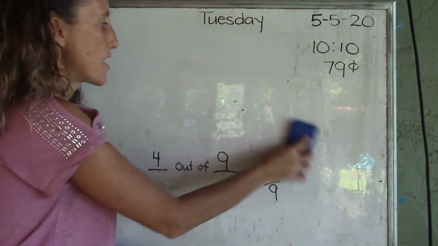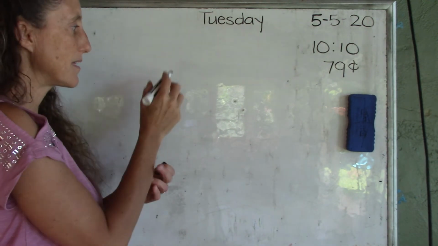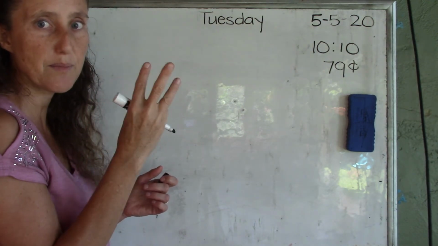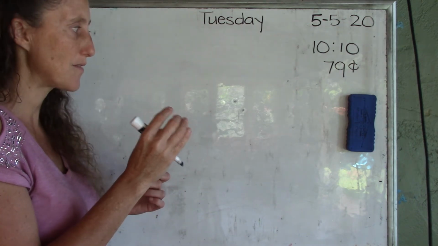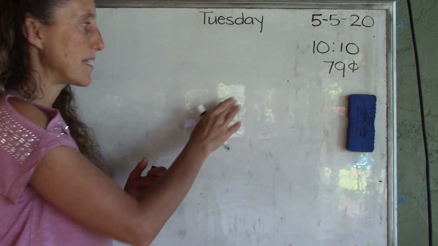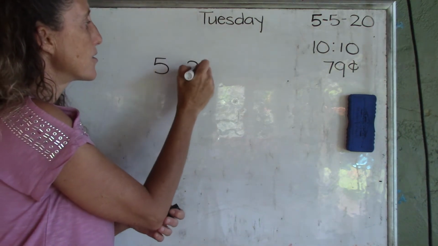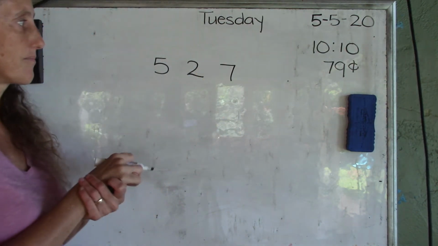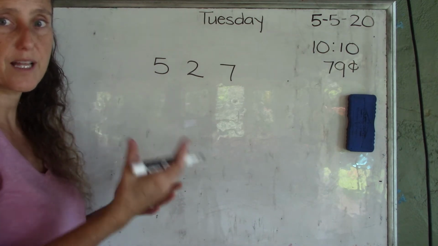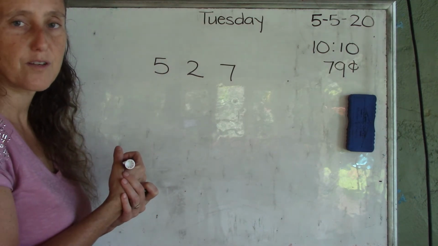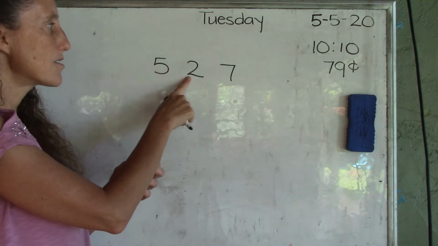Okay, let's talk about fact families. A fact family is 3 numbers together that you can make 2 addition problems and 2 subtraction problems from. There's also other kinds, but that's what we're doing today. So we have a 5, a 2, and a 7. Can you think of a way that I can make an addition, a plus problem with those three numbers? 5 plus 2 equals 7.